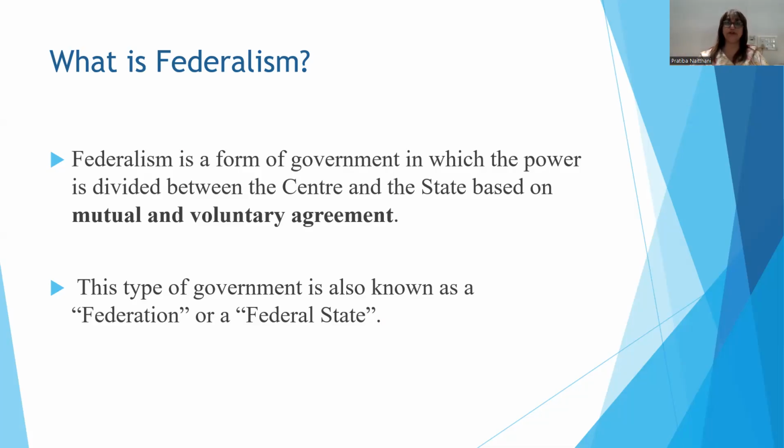So, what is a federation? Very simple. A federation is a system where there is a dual government, or two sets of government. One is the central government, and the other is the state government. This is called a federation or a federal state. Please understand, the central government has authority over the entire territory, whereas the state governments have authority only over the territory of that particular state or federating unit.